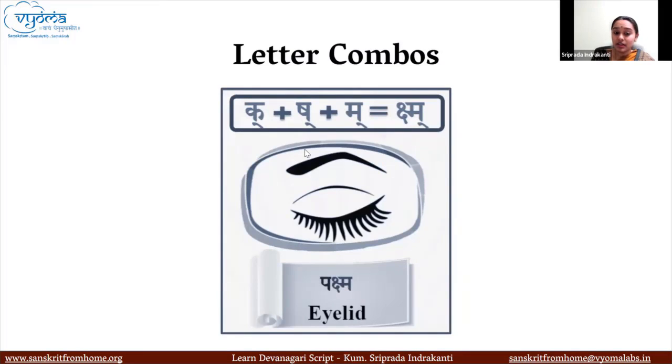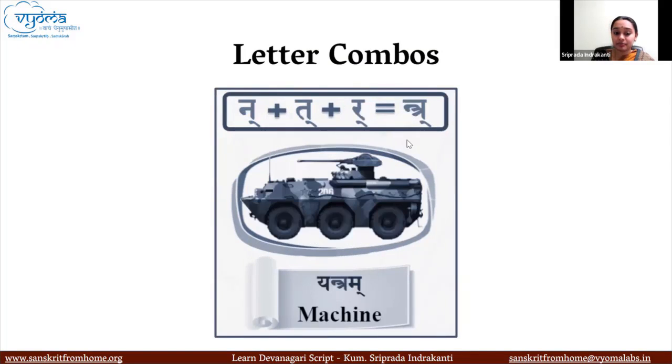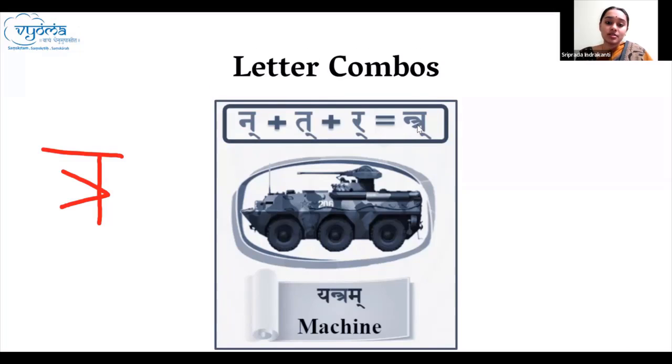K, Sh, we learned that K and Sh makes Ksha, and then added with Ma makes Kshma. Then we have Yantram, which is the N plus T and R. We already learned T and R makes Tr, this symbol. We learned this symbol. So now we just add the N on top of it.